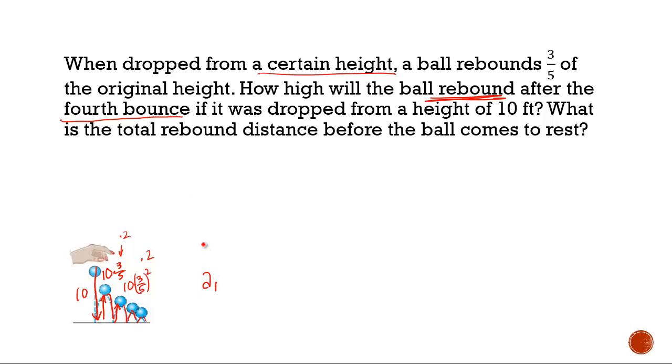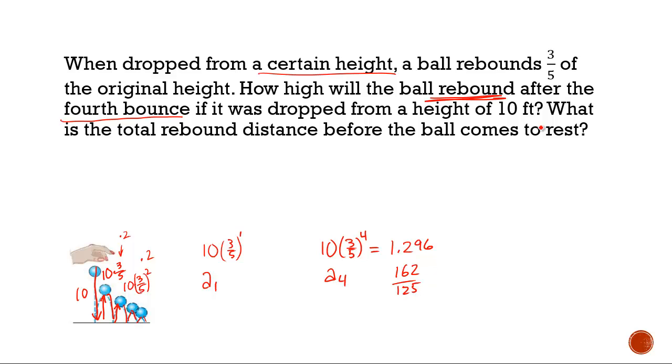So A1 was 10 times 3/5 to the 1. So after the 4th bounce, that'd be 10 times 3/5 to the 4. So you can find that on your calculator, and that gives you 1.296, which is also seen as 162 over 125.